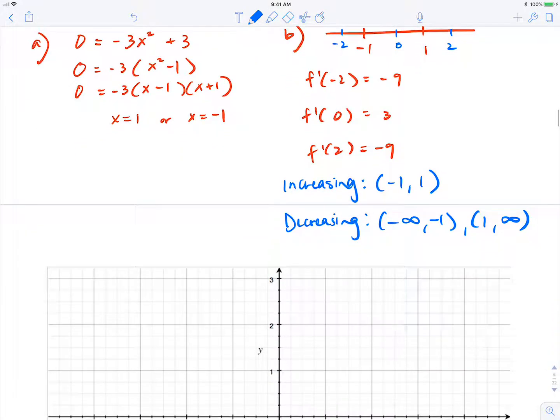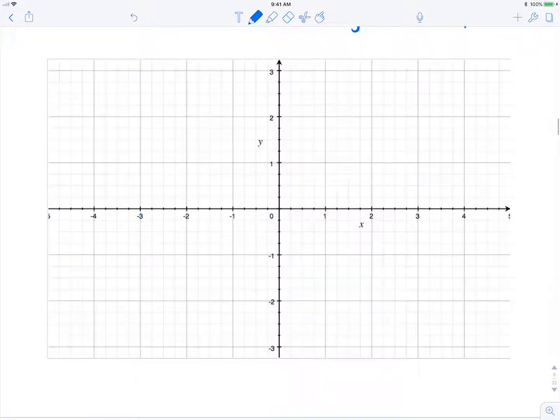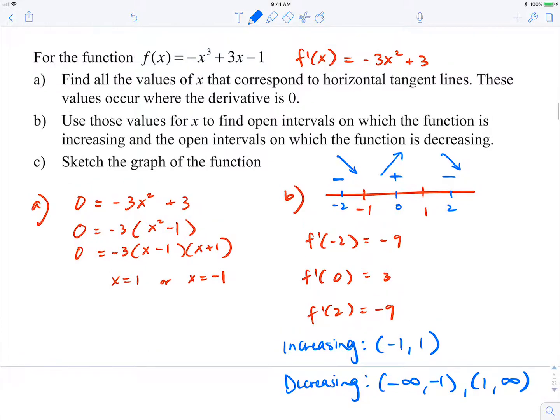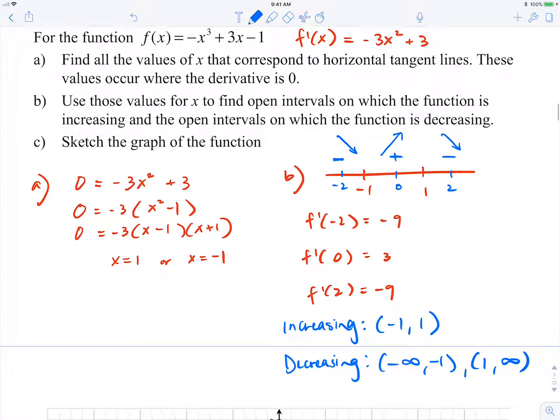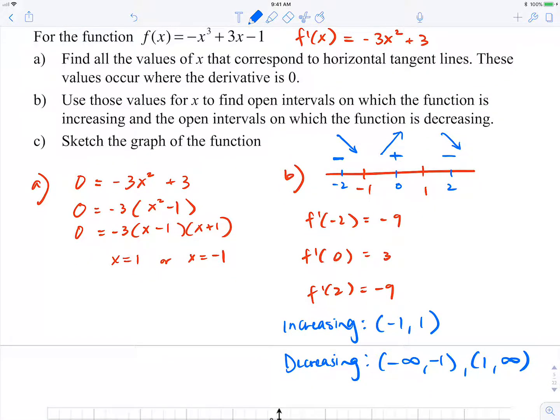So with this information, we want to try and sketch the graph of the function f. Now, because the function changes from increasing to decreasing at x equals -1 and x equals 1, I want to know what those actual points are on the graph. So basically, I want to find the y values that go with those x values so I can actually plot those points to help me get a better picture of what the graph will look like.